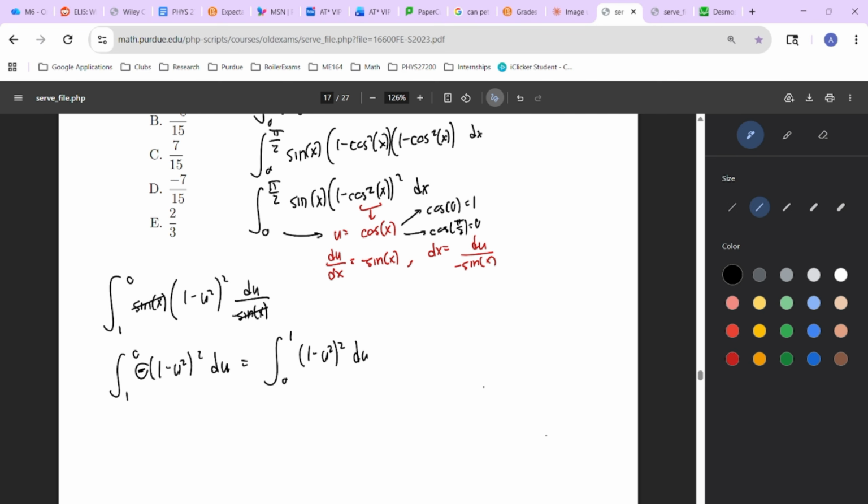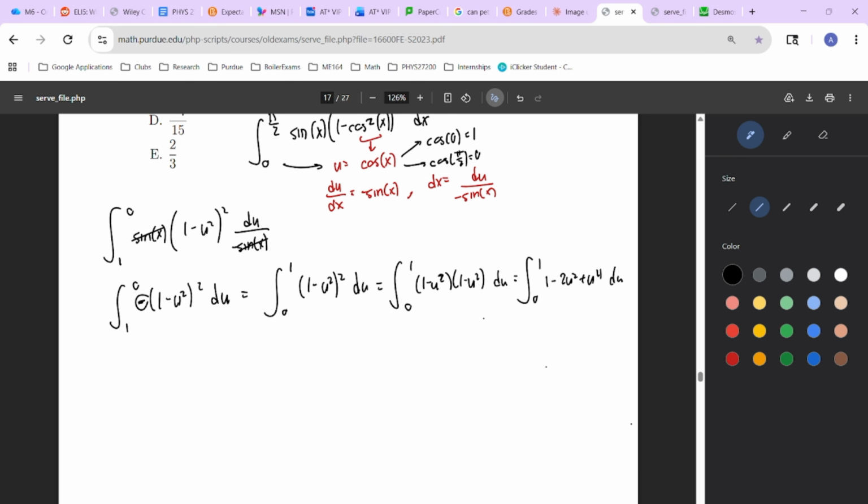So this just becomes a matter of expanding and then integrating with the power rule. So we have 1 minus u squared multiplied by 1 minus u squared du. This turns into the integral from 0 to 1 of 1 minus 2u squared plus u to the 4th du.